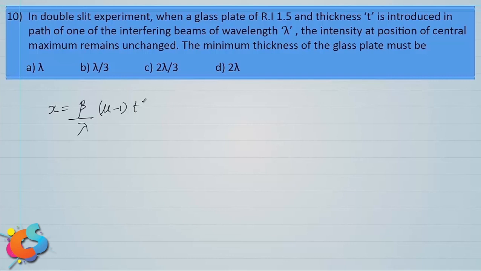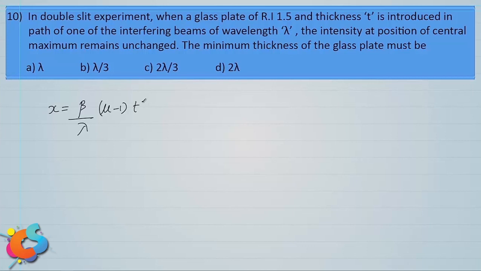Here in this problem it is mentioned that when the shift happens, the intensity at the central maximum remains unchanged. It means that the central fringe position is occupied by one more bright fringe itself, because when a bright fringe is not replaced by a bright fringe, the intensity must change.